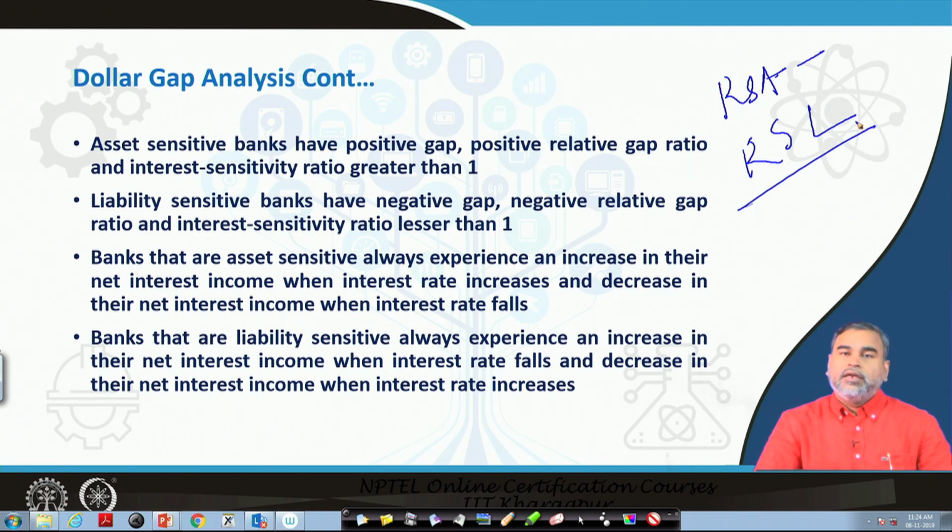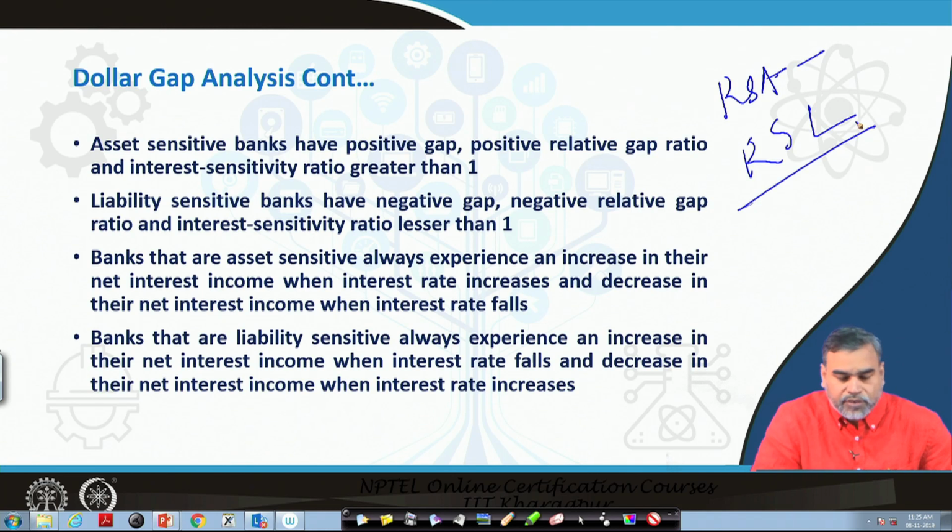So, looking at the dollar gap, we can say that this particular bank is more asset sensitive than the other banks which exist in the system. Then we have liability sensitive banks. The liability sensitive banks generally have a negative dollar gap, because their rate sensitive liabilities will be more than the rate sensitive assets.